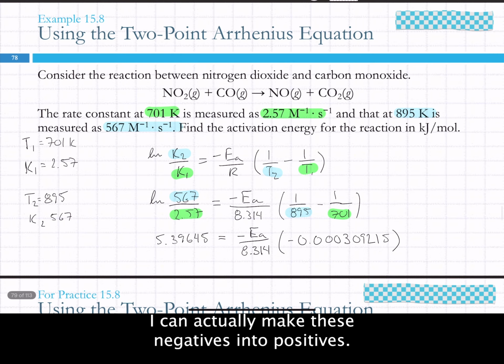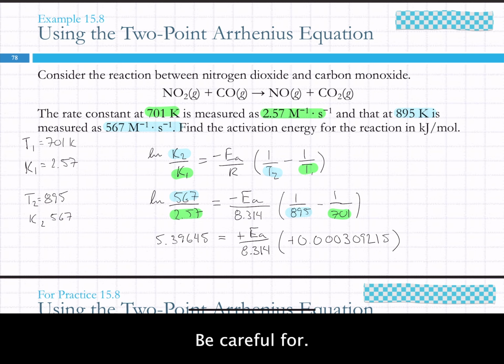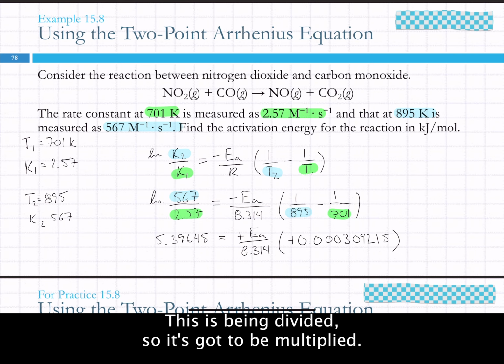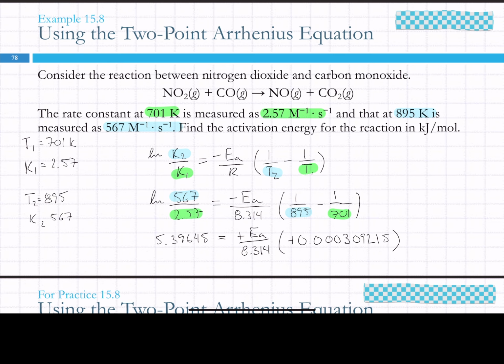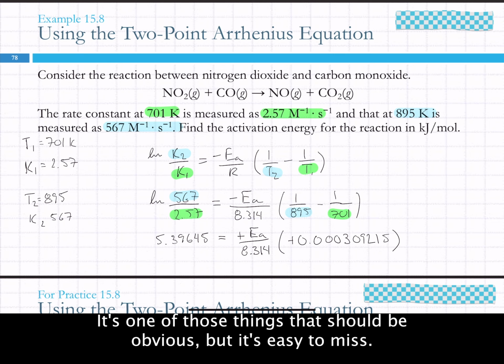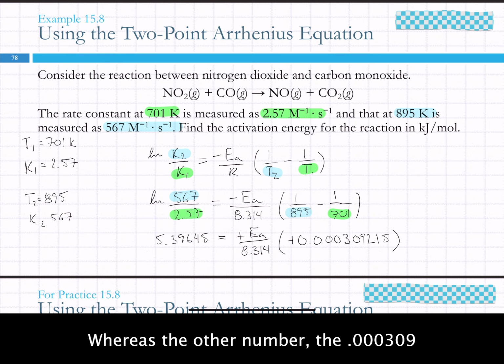I can actually make these negatives into positives. Be careful, just because it's a mistake that I've made, this is being divided, so it's got to be multiplied. It's one of those things that should be obvious, but it's easy to miss. Whereas the other number, the 0.000309, that's divided.